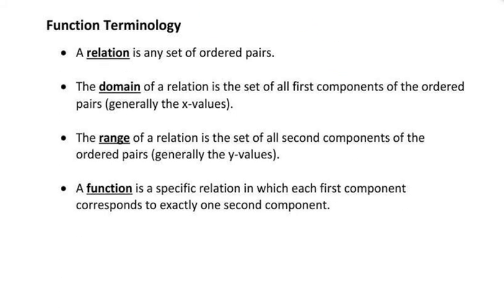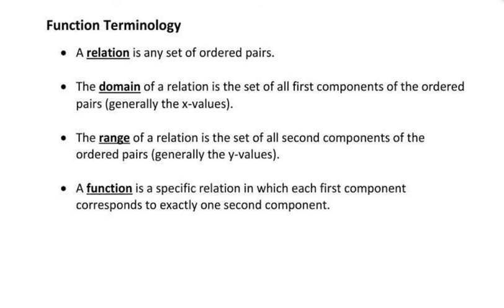Now on to some vocabulary involving functions. A relation is any set of ordered pairs, whether that's a list of ordered pairs, a table of values, a graph, anything like that is a relation.